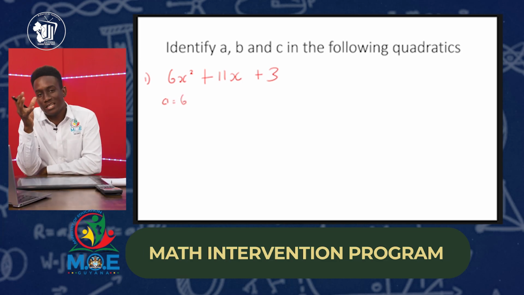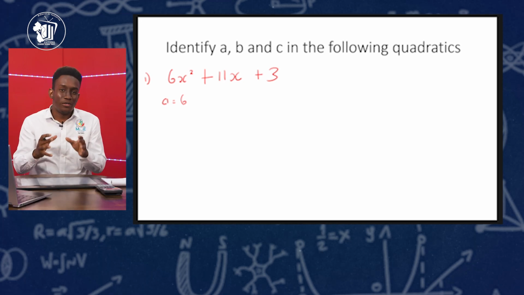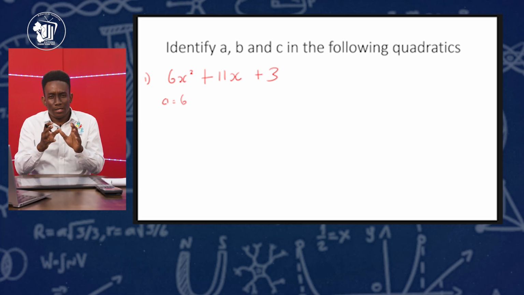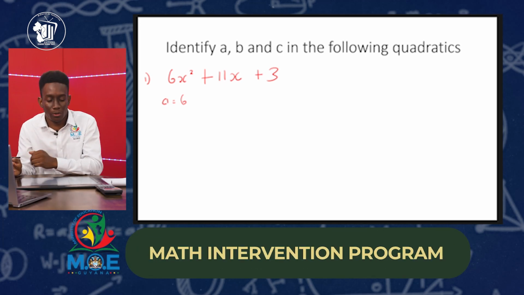Now some persons get carried away and they think A will always be the first number in the quadratic. Sometimes this thing can be mixed up and A will not fall on the first term. So you just got to be careful and remember that A is the number that is in front of the x squared term.